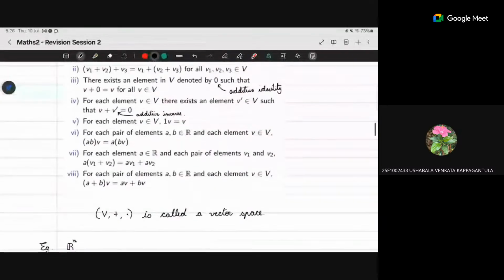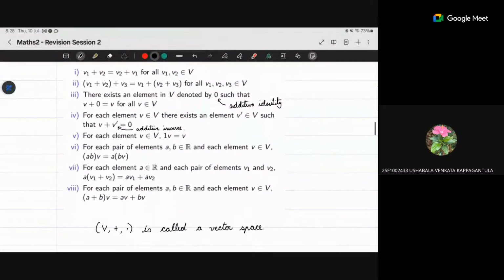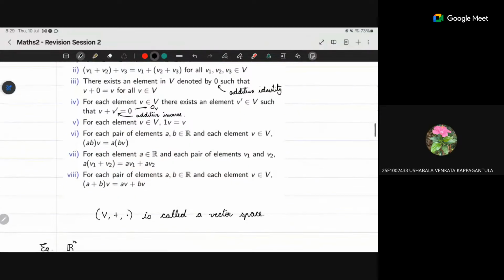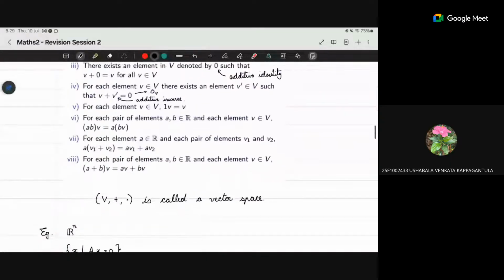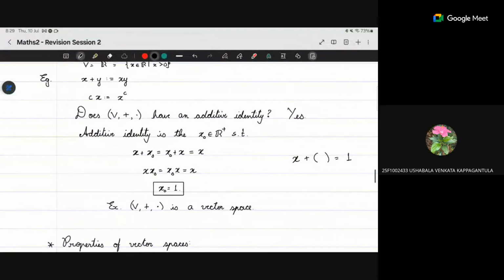That's why I said this is a good exercise. So this 0 is the 0 vector, or the additive identity. Let me just call this 0v. Okay, but vectors are limited to the positive side, so x plus something can never be 1.